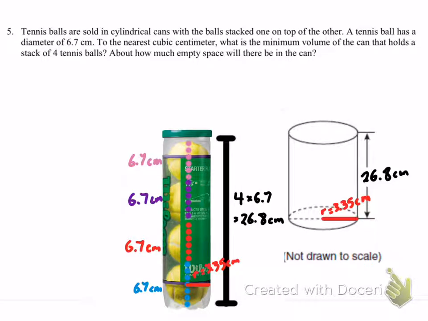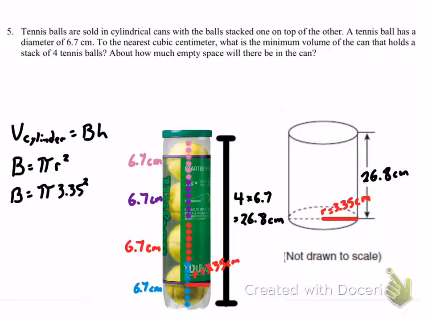Now I just need to figure out the volume of that cylinder. So the volume again is area of the base, that's what the capital B means, times the height, and the area of the base is going to be pi r squared. So pi times 3.35 squared equals 11.2225 pi.